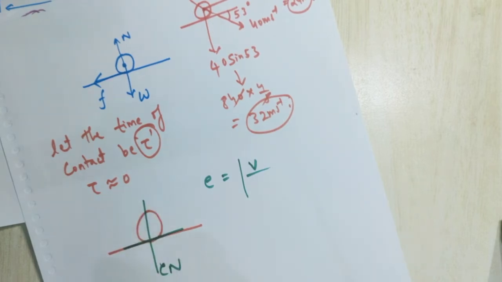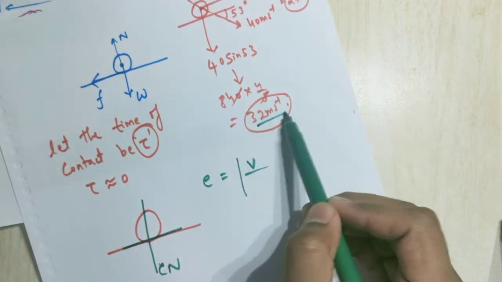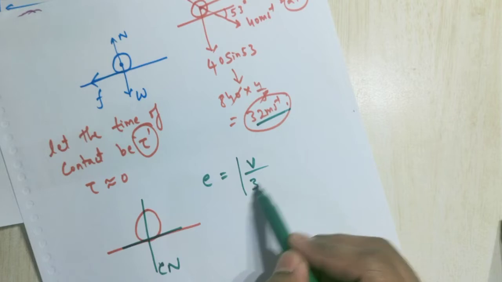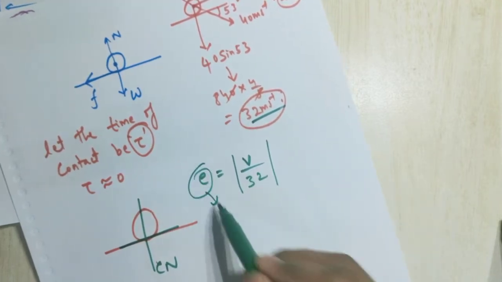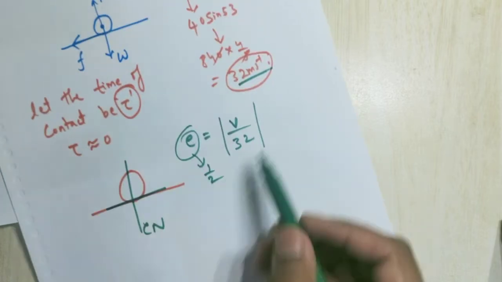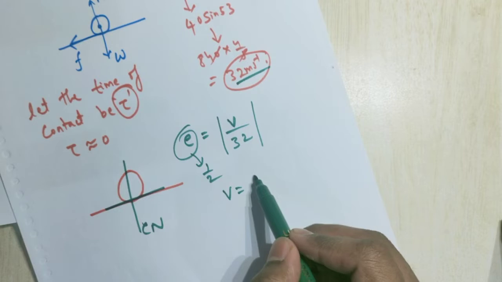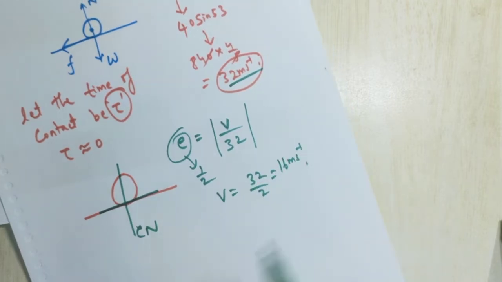Along the common normal, the speed with which the ball was hitting was 32. So V over 32 is equal to E. We know that E is equal to 1 by 2, given in the question. From here we get V is equal to 32 by 2, that is 16 meters per second.